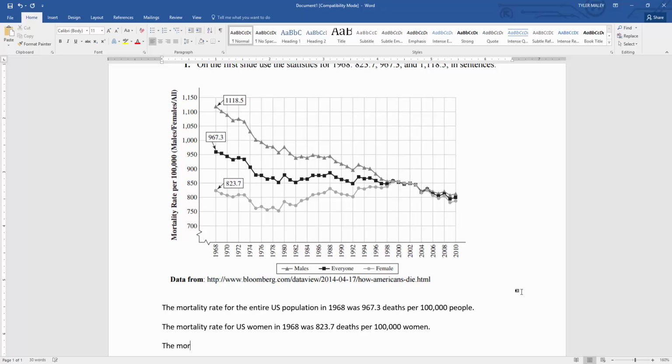We could say the mortality rate for U.S. men in 1968 was 1,118.5 deaths per 100,000 men. Notice how specific I'm being by stating the year, and really taking that statistic and making sense of it in a sentence, using the number.